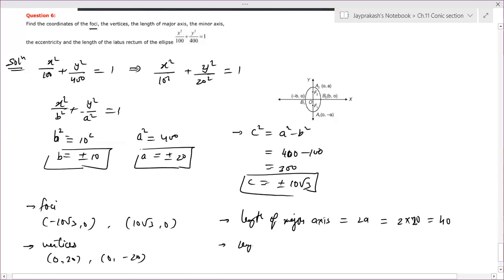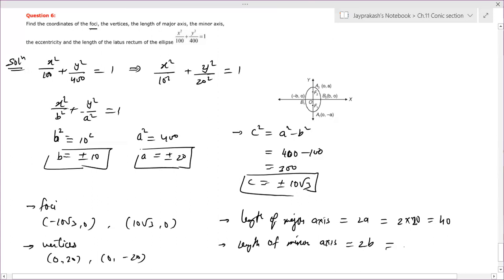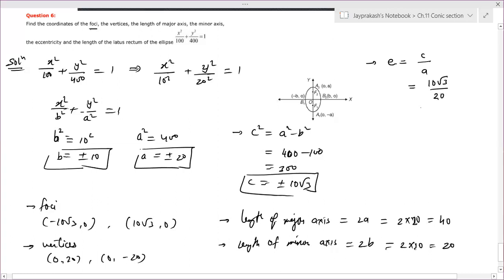Then the length of the minor axis will be 2b, that is 2 into 10, 20. Then the eccentricity. Eccentricity is equal to c by a, and we have c equal to 10 root 3 upon 20. So the eccentricity is root 3 by 2.